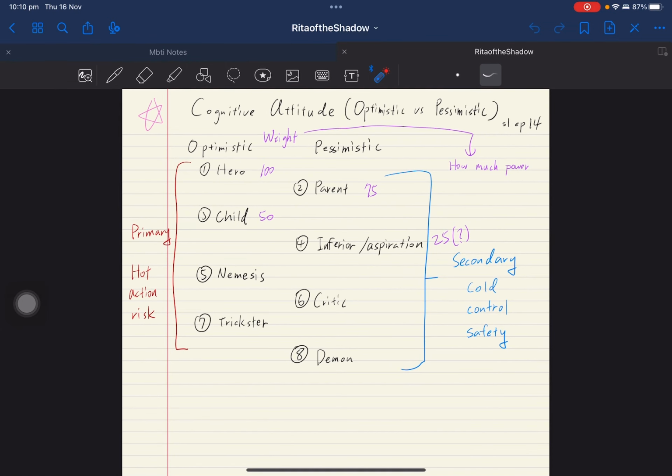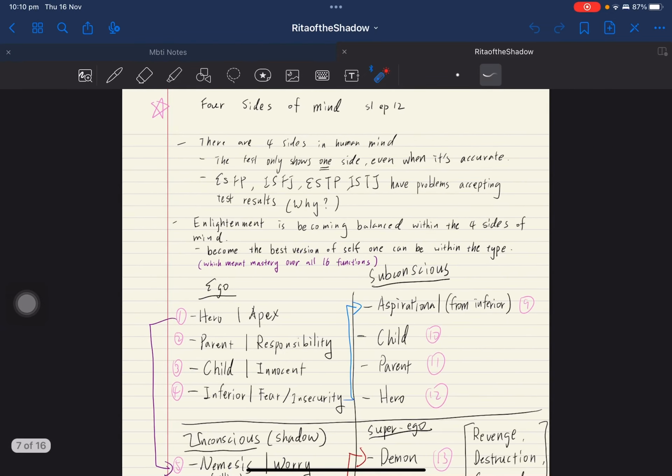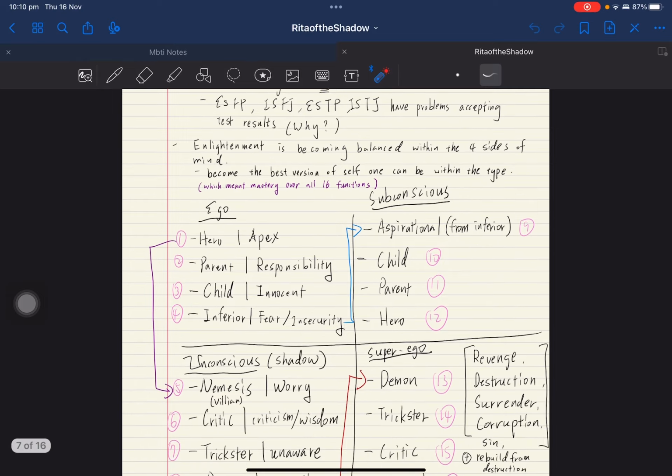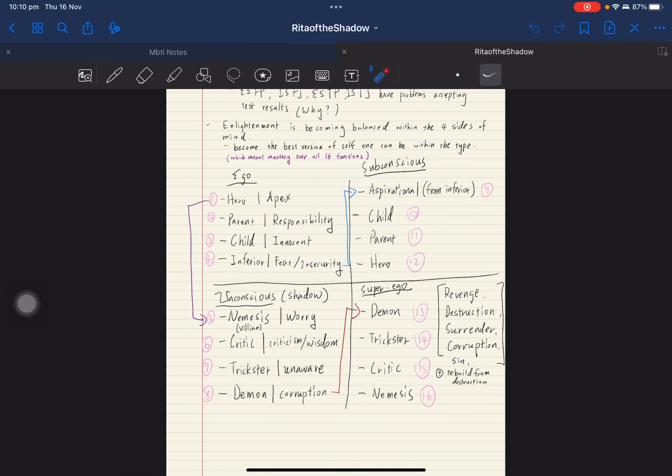And then again, here are the 8 cognitive functions, and then there are 4 optimistic and 4 pessimistic functions. And there are the 4 sides of mind model. If you weren't familiar with it, this is basically how it is.